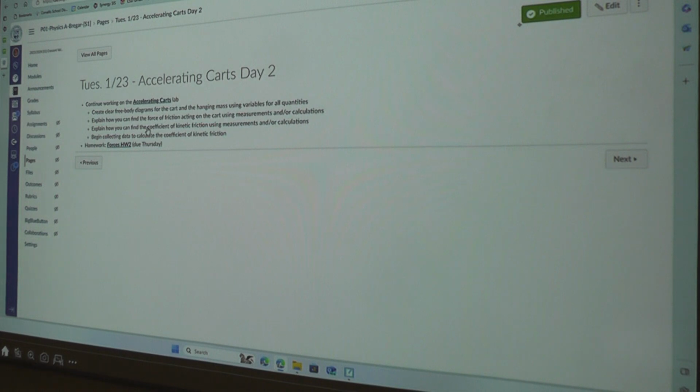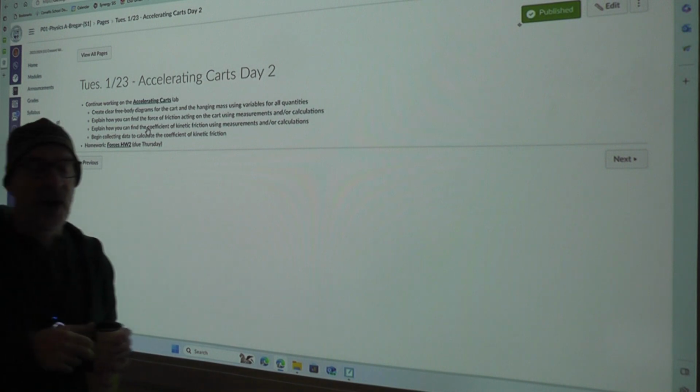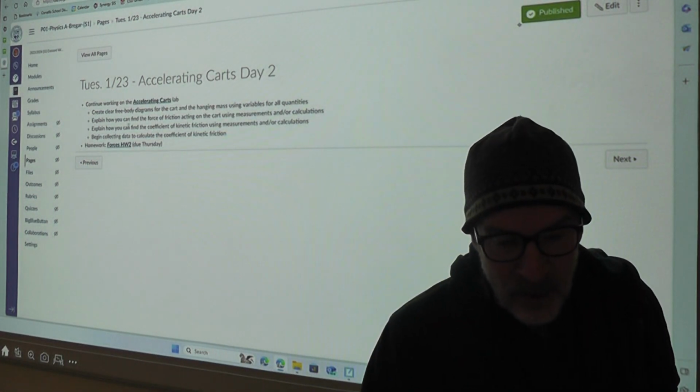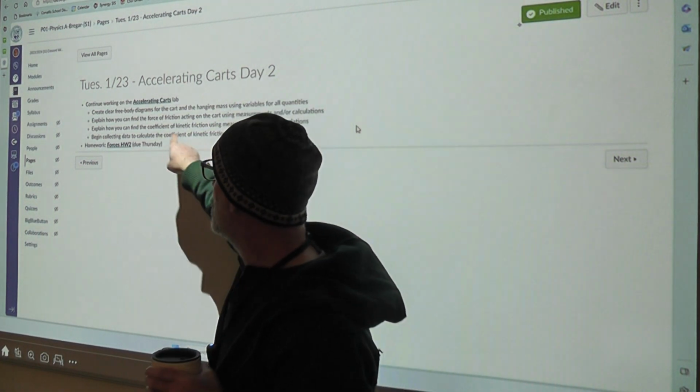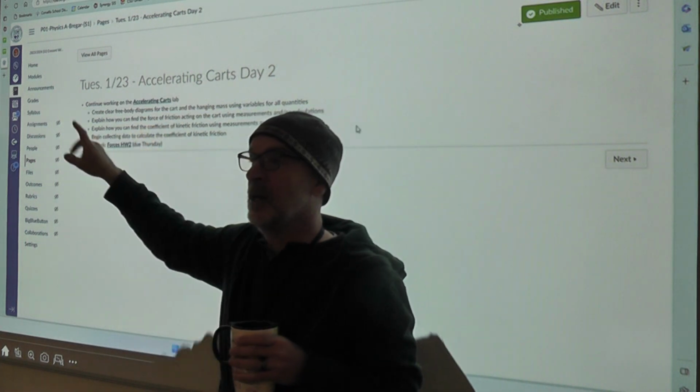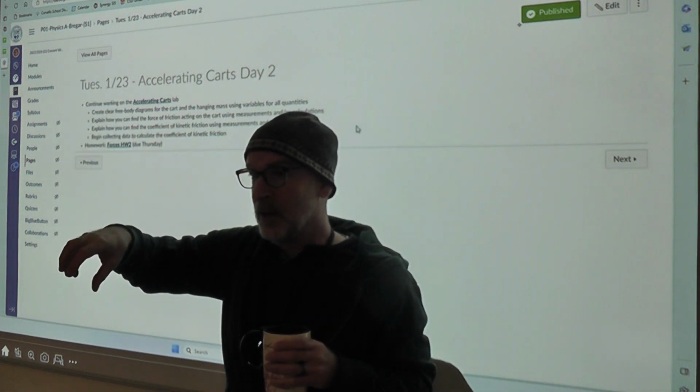If I ask you to find the amount of friction acting on a cart with a block of metal in front of it and a block of metal on top of it in any situation, you should be able to find that force. And then, based on that force and some other stuff that you know about friction, you can find the coefficient. Remember what I told you about the coefficient.